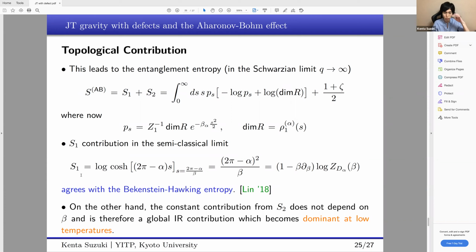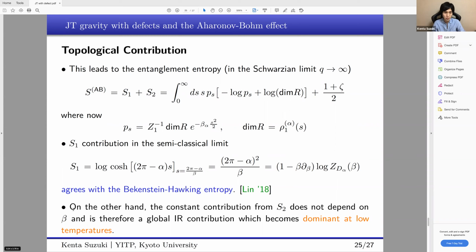This S1 contribution in the semi-classical limit agrees with the thermodynamical entropy, which is given by 2 pi minus alpha squared times temperature. And this is basically the Bekenstein-Hawking entropy.